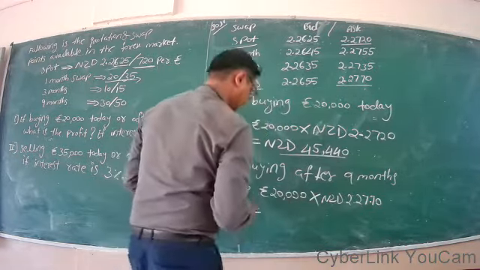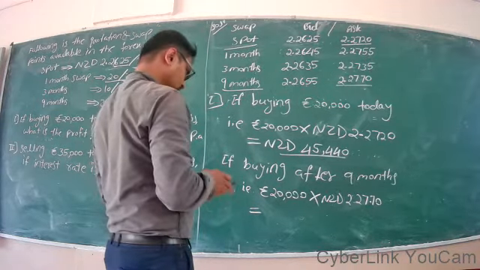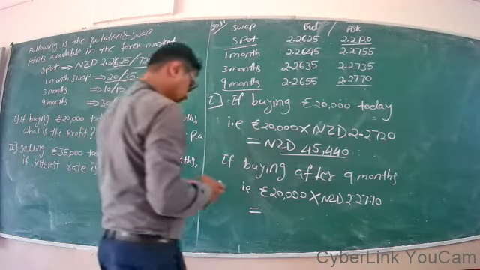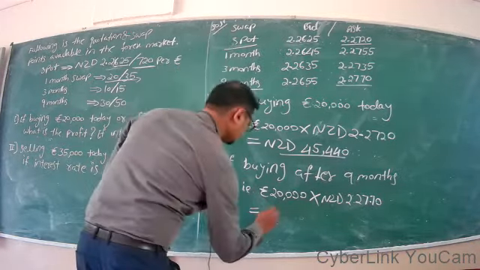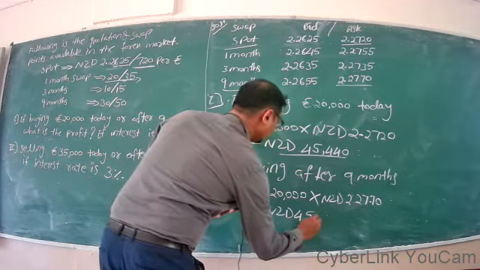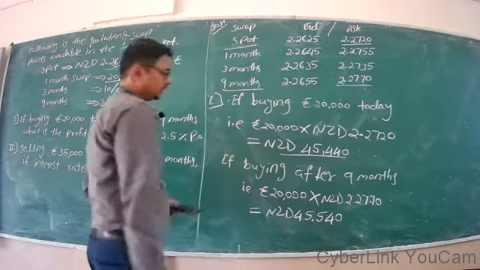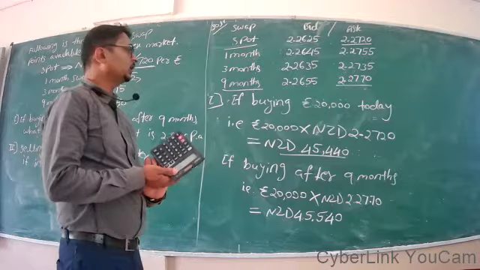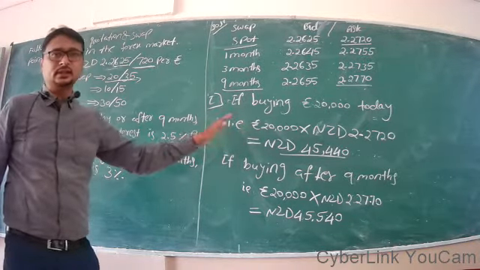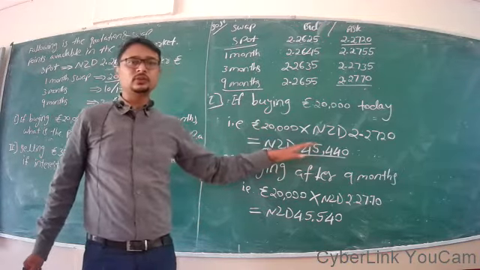That becomes New Zealand dollar 45,540, right? So if you are buying it today, at the spot rate, you have to pay 45,440.